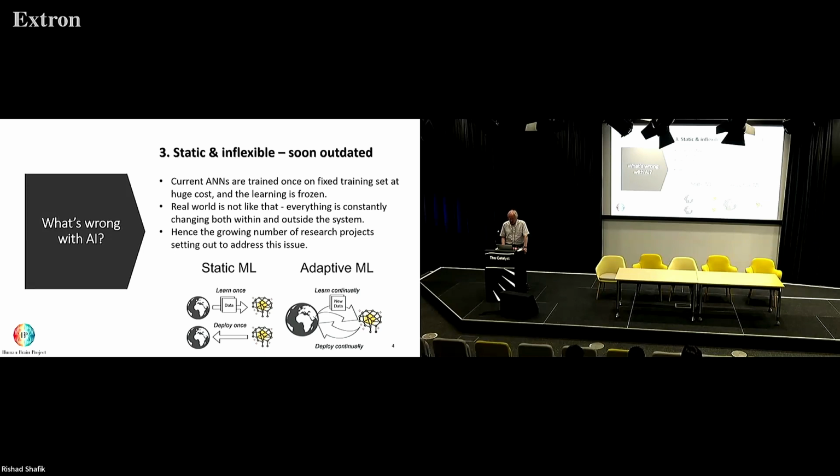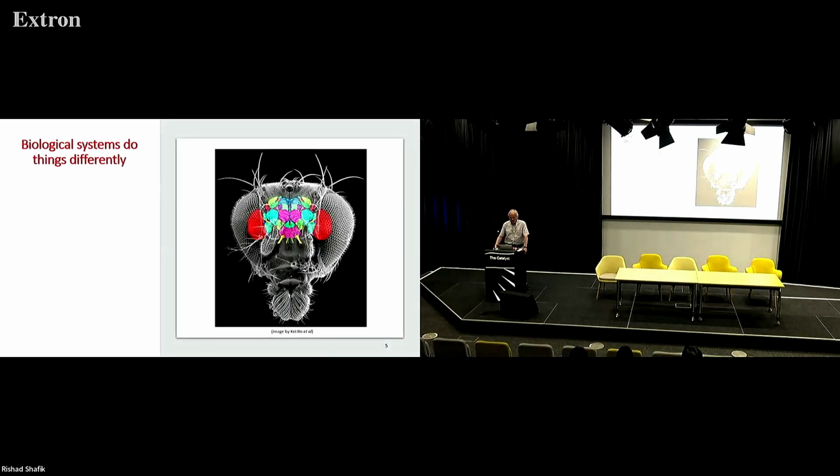Now, this is quite a hard problem, but of course, we do have the classic example of how you can solve this problem, and that is if we turn to biology. And if we look at biological systems, then what we see are systems that have quite different characteristics. So the characteristic of biological systems is that they can learn continuously and they can adapt to changes around them.